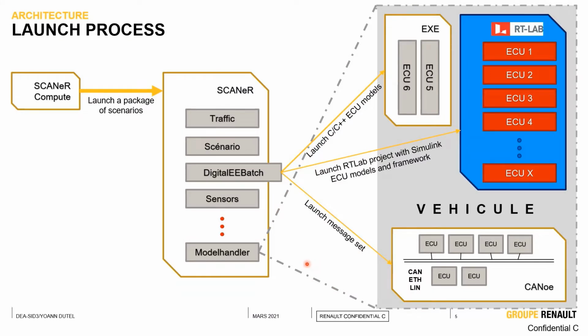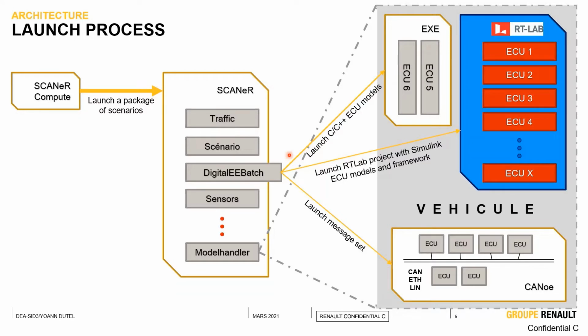Now I will show you the launching process of a simulation. We write a scenario inside scanner, where we define what kind of ground and what kind of traffic are around our car, for example, and define the sensors, where we can put a camera sensor, radar sensor, LiDAR, or ultrasonic.